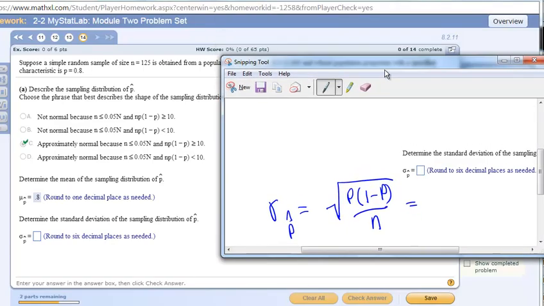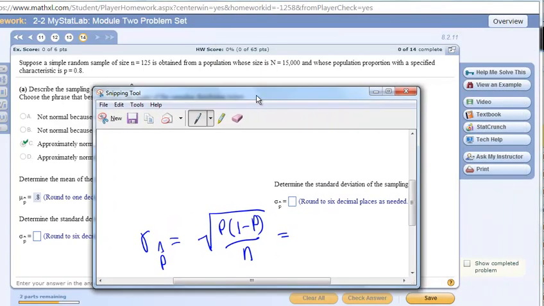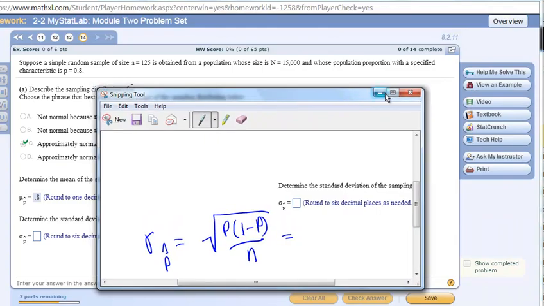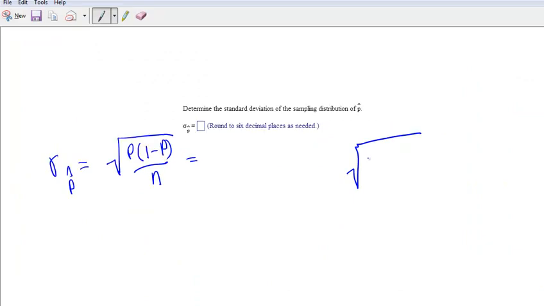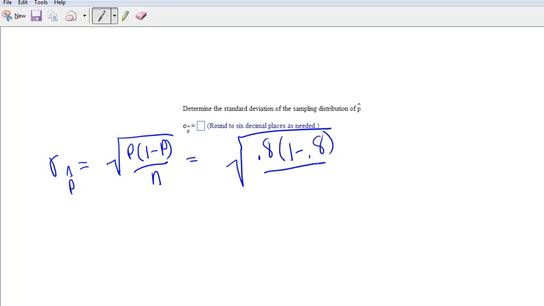I forget so quickly. So p is 0.8 and then 125 for the sample size. So here we just put in the square root. Oops, moved a bit, so let me rewrite. This is just equal to the square root of 0.8 times 1 minus 0.8 over n, which was 125.